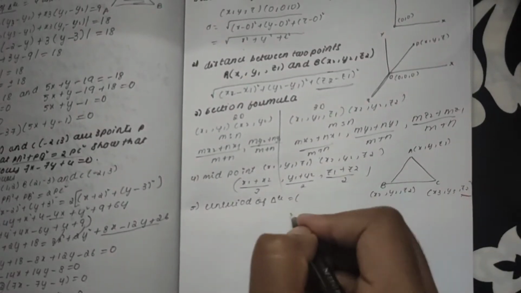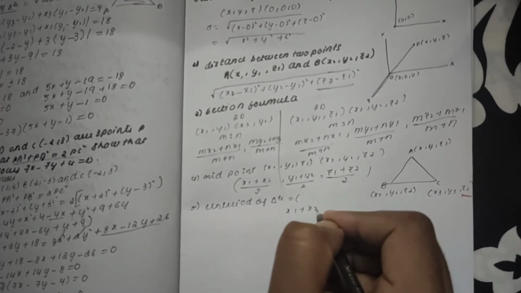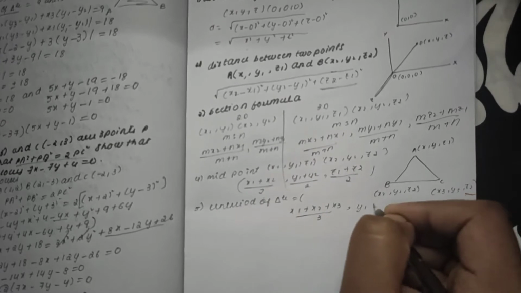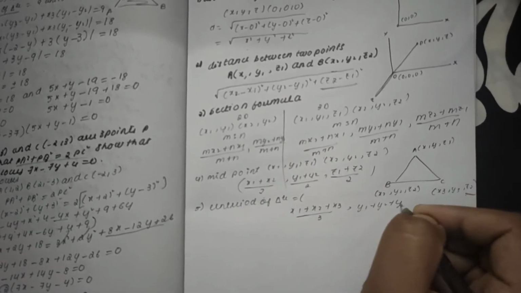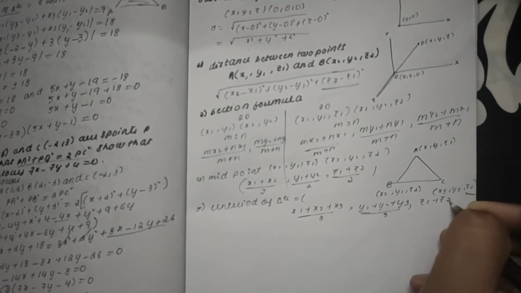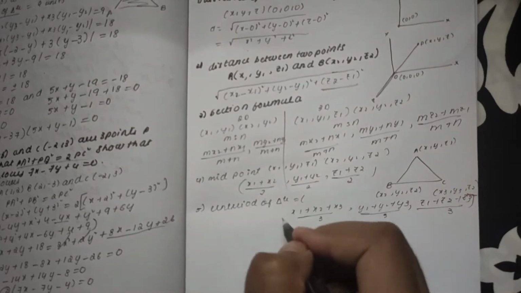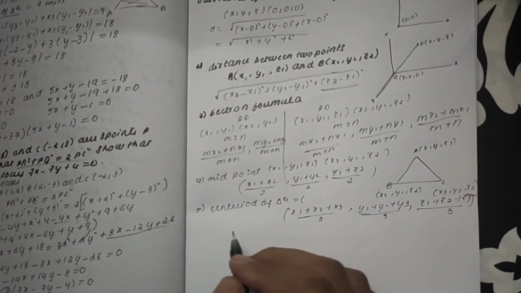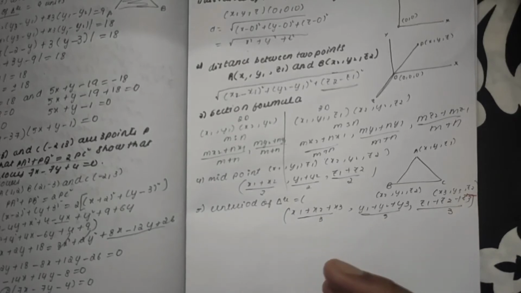The centroid is x1 plus x2 plus x3 by 3 comma y1 plus y2 plus y3 by 3 comma z1 plus z2 plus z3 by 3. From the 2 marks point of view in this chapter, the centroid of the triangle is the most important sum. So please remember this formula carefully.